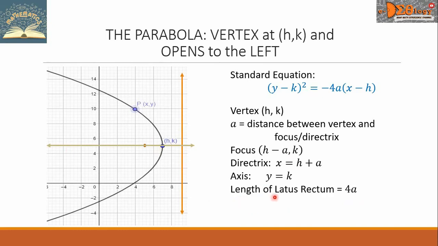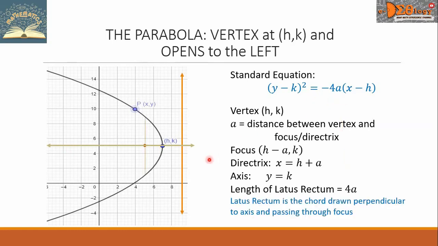Now, the length of latus rectum is equal to 4a. This is simply the positive coefficient of the quantity (x minus h) in the standard equation. Remember, the latus rectum is the chord drawn perpendicular to axis and passing through focus.